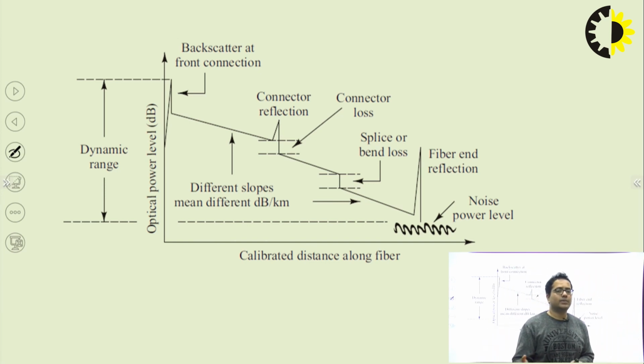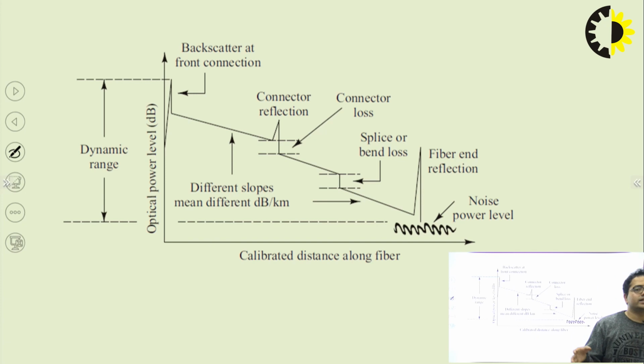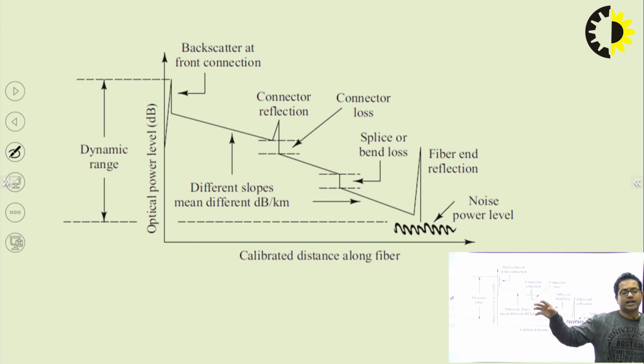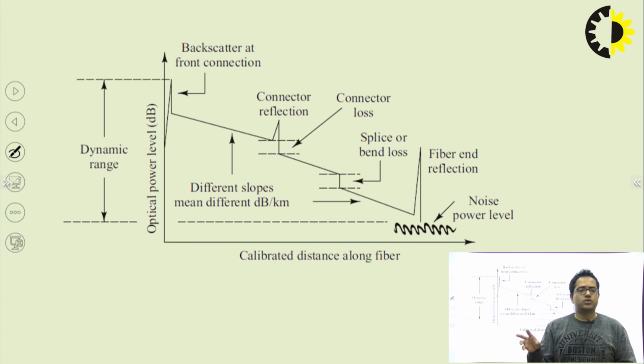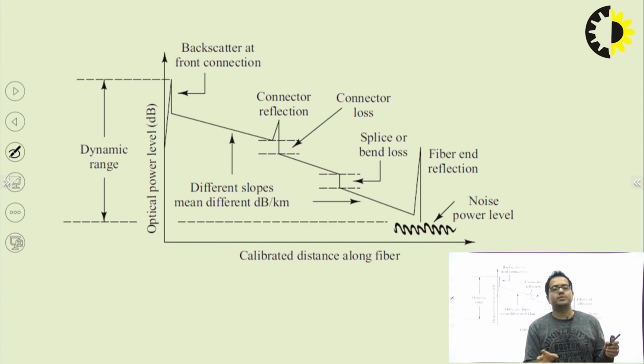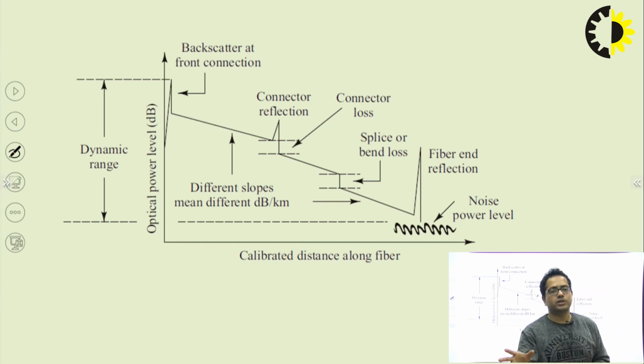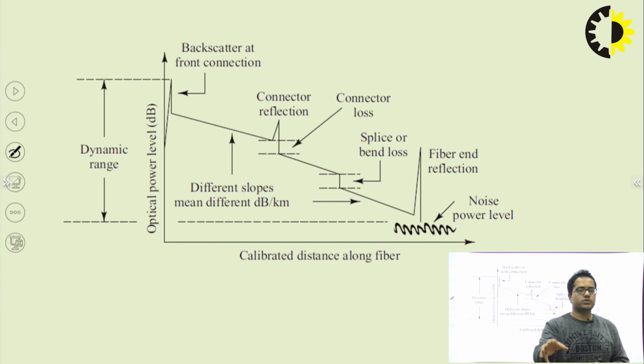That is the power level with which an optical signal comes back after scattering from a particular point at which a loss is occurring. So it will do the processing and locate for you that at this distance there is some kind of loss. Go and check this loss to overcome that performance degradation.